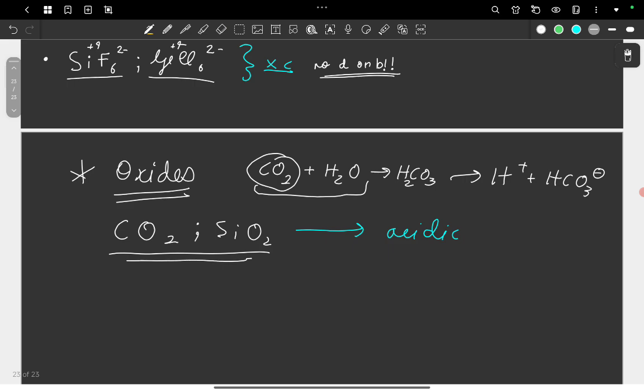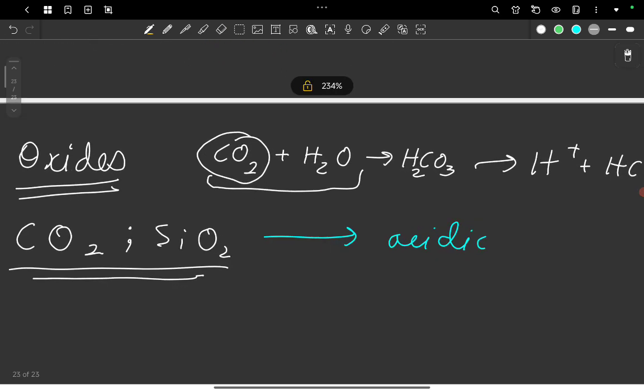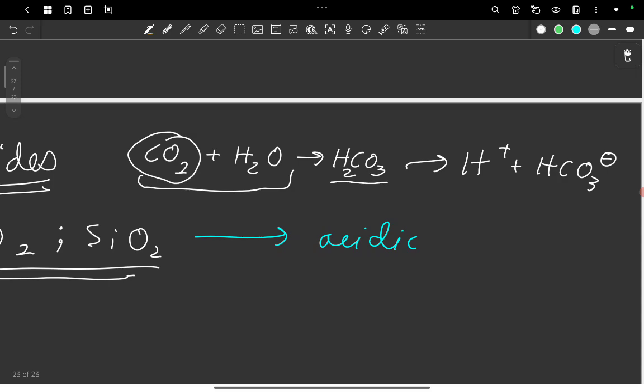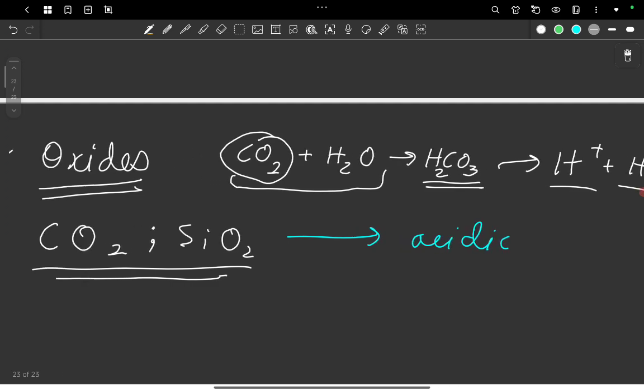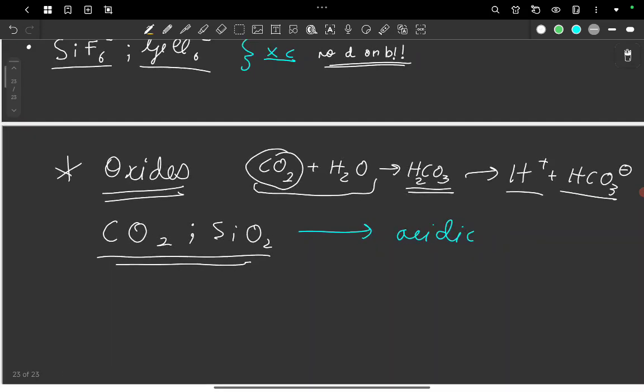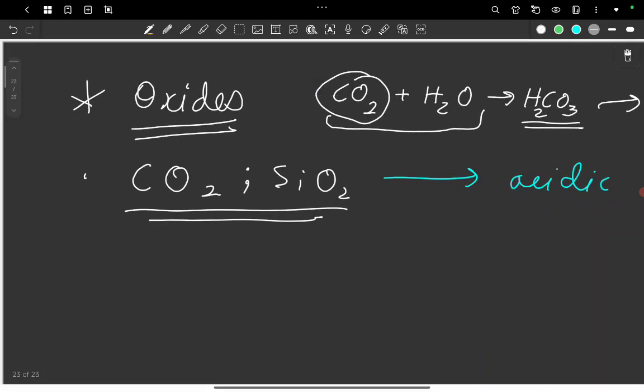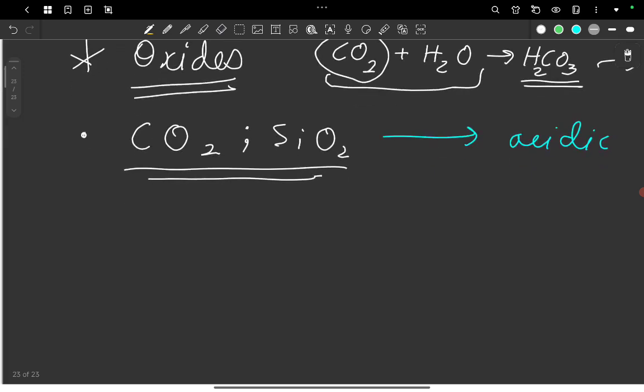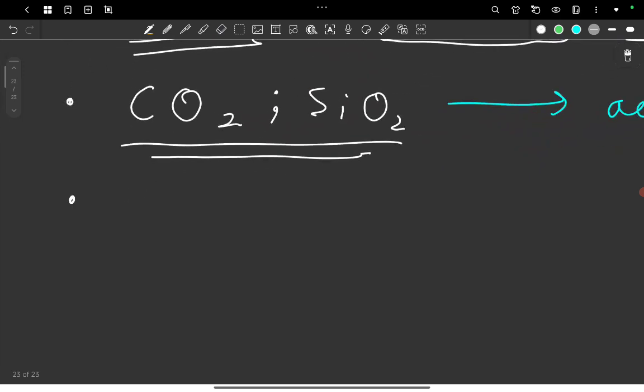If you put either of these in an aqueous medium, they will become a compound which can dissociate into a base and an H plus. And this is how they are termed as acidic or basic. Understood? Now, the oxide of germanium is acidic as well.